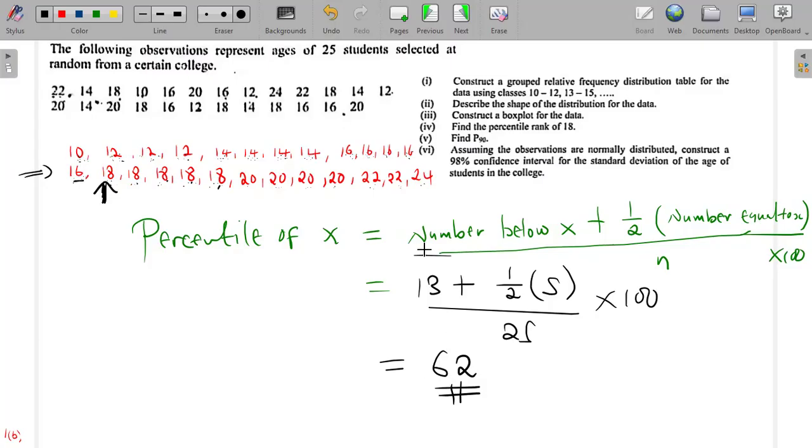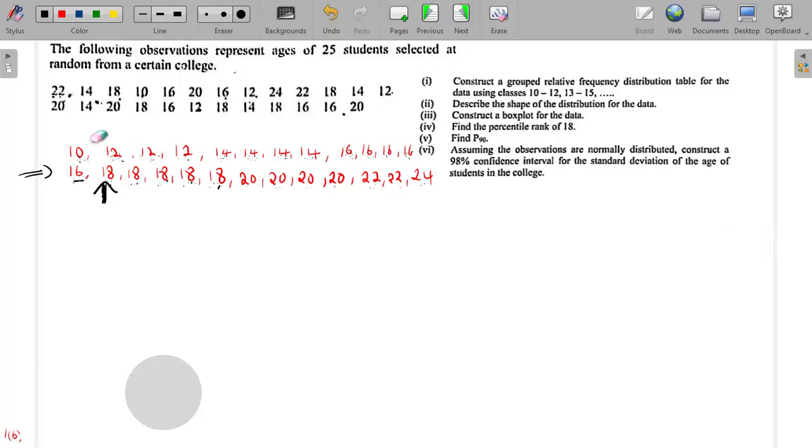Then part 5, we find the percentile now, the 90th percentile. So what does this percentile actually mean? For a percentile, you first have to find the position of that particular percentile, and after you find the position, you just go to your ordered data and get the number that is there.